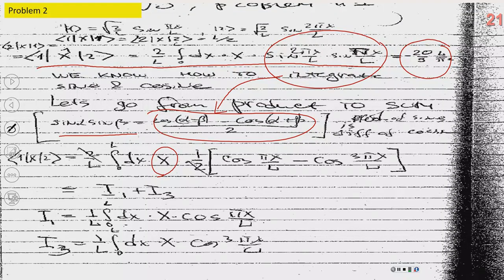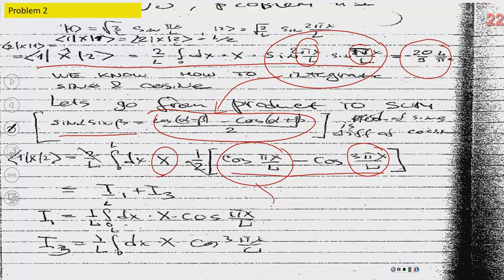We keep x, and instead of the product of sine of 2 pi x and sine of 1 pi x, one can get cosines of the subtraction and summation of these two arguments. Subtraction 2 minus 1 is 1, therefore cosine of pi x, and summation 2 plus 1 is 3, so 3 pi x.